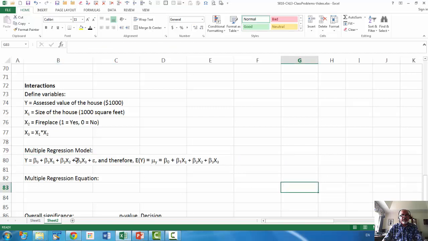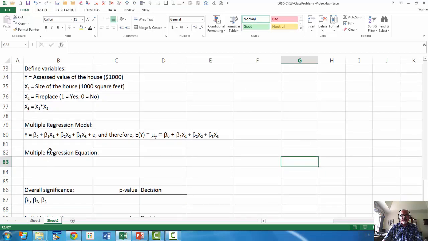You have three x's: x sub 1 and x sub 2, and x sub 3 is the product of x sub 1 and x sub 2. So our multiple regression equation will be of this form. So we have three slope coefficient estimates. Of course, you have b sub 0 also.